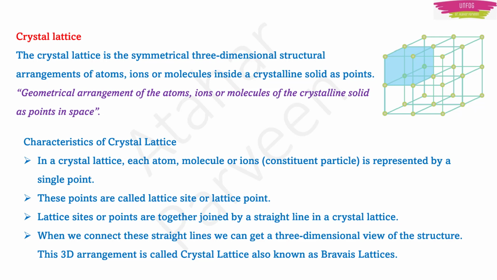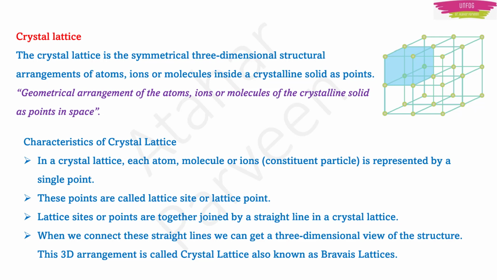And when you connect these straight lines, you get a three-dimensional view of a structure. I have shown you the pictures also. I will be showing more pictures again in this class, and I will give you the 3D figures also. Now, this 3D arrangement is called the crystal lattice, or it is also known as the Bravais lattice. Remember this: crystal lattice, or it is also known as Bravais lattice.